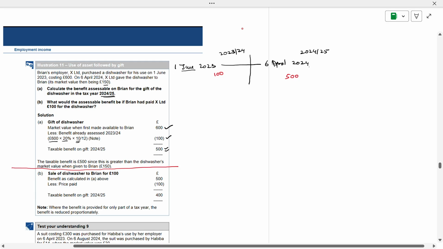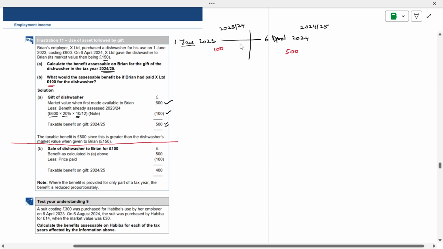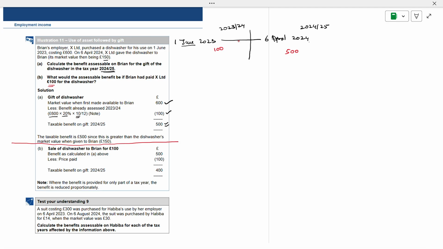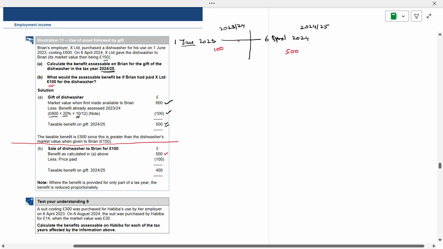Now, what would be the assessable amount if Brain has paid X Limited 100 for the dishwasher? What is the value of the asset? The taxable benefit is 500, the value of the asset in simple terms. Now, how much have you paid? 100.